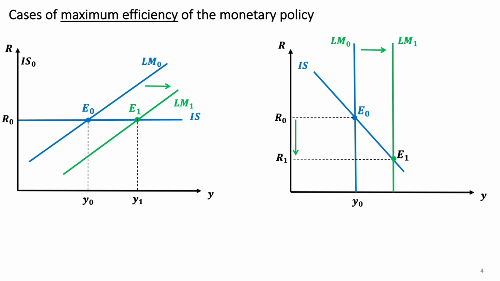The only thing that can increase the money demand to follow the money supply is an increase in income. This increase is therefore necessarily stronger than in the case where the interest rate also participates to this process of reaching back the equilibrium.